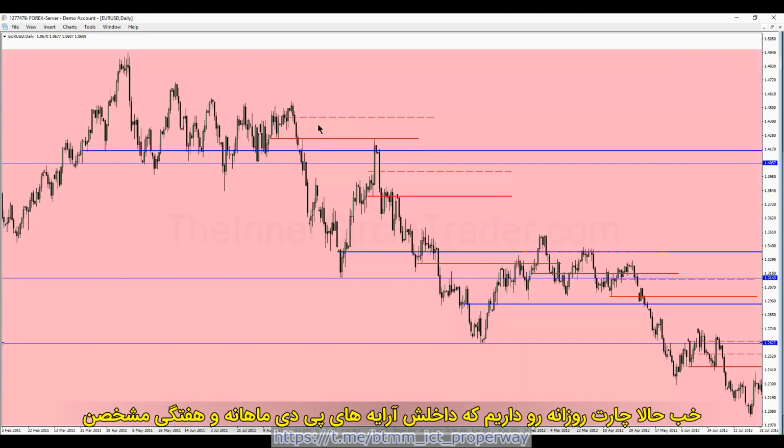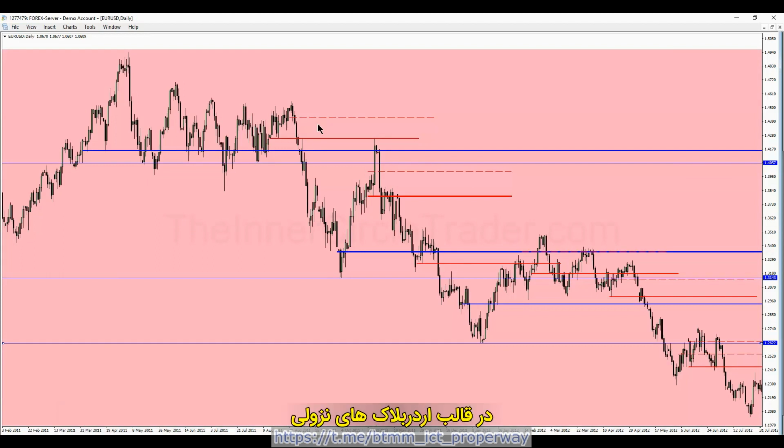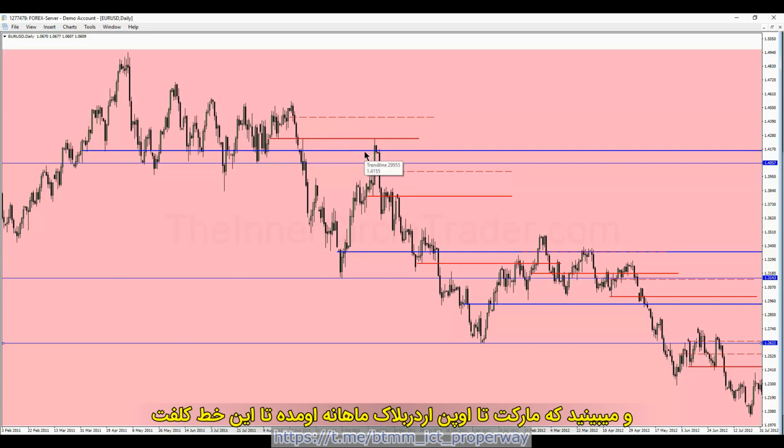Okay, so now we have our daily chart indicating our monthly and weekly PD arrays in the form of bearish order blocks and the openings of those bullish candles. Okay, you can see the market did in fact trade up into an opening of a monthly bearish order block.